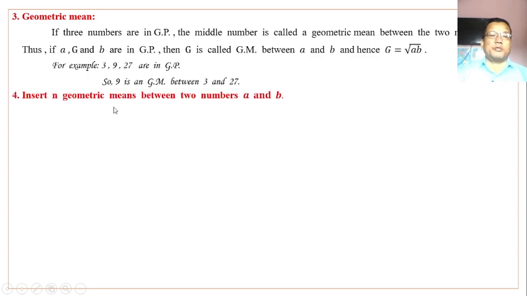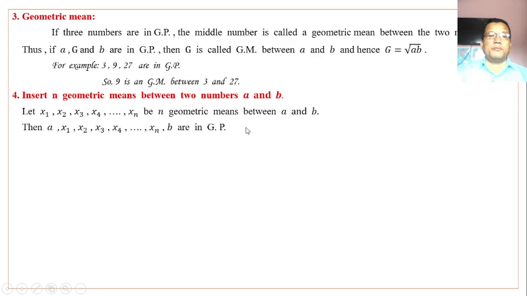Insert n geometric means between two numbers a and b. Then a, the n geometric means, and b are in GP. Using a_n equal to a times r to the power n minus 1, we get b equals a times r to the power n plus 1, since b is the (n plus 2)th term. Hence r equals b by a, whole to the power 1 by (n plus 1).